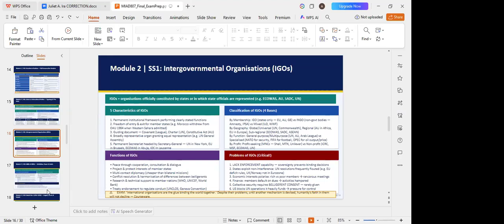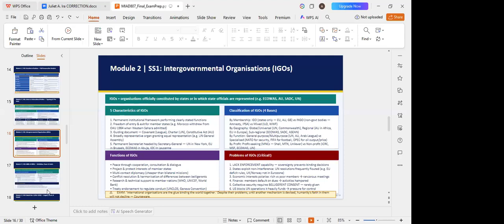I repeat myself: they are institutions created by states through treaties or agreements to promote cooperation, manage shared problems, and regulate state behavior in the global system.